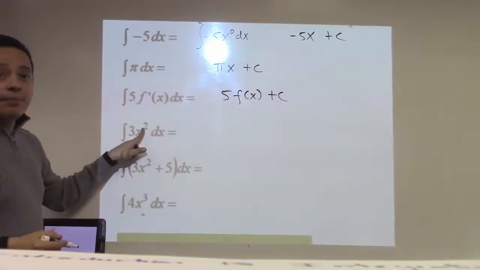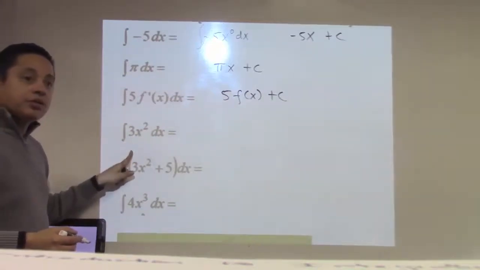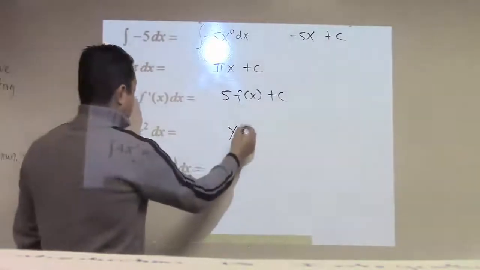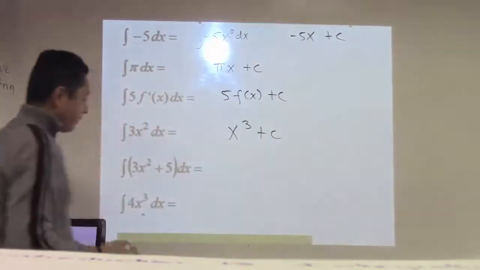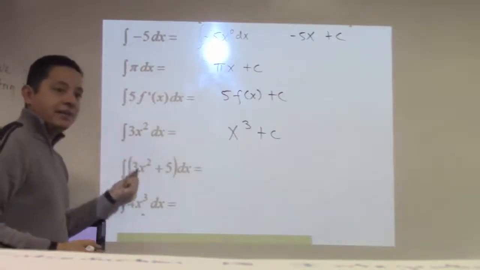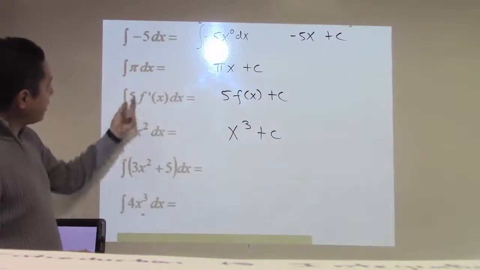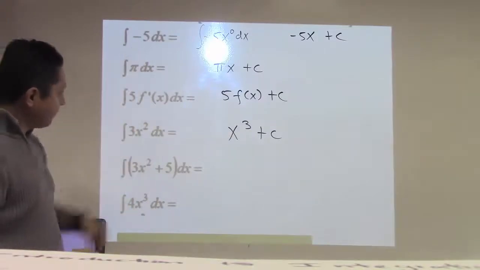Bump up and divide, bump up the 2, it becomes a 3. Divide, 3 divided by 3 is just 1, so this is x cubed plus c. This is two terms. Do the antiderivative of this term plus the antiderivative of this one, and I think we have done them before. Oh no, that's a negative.